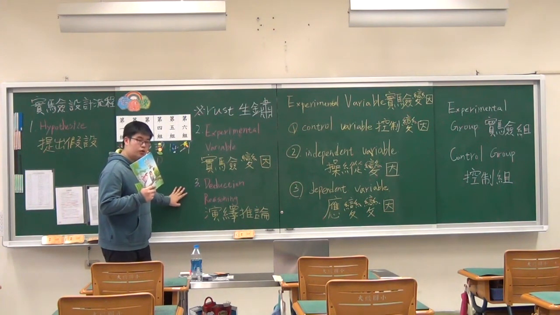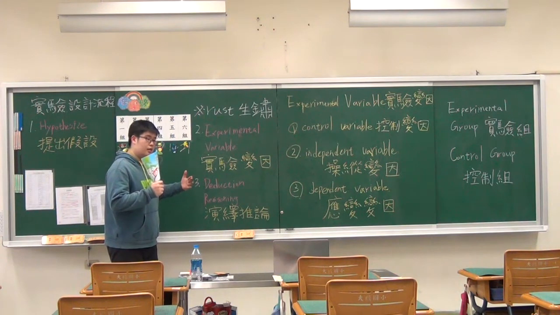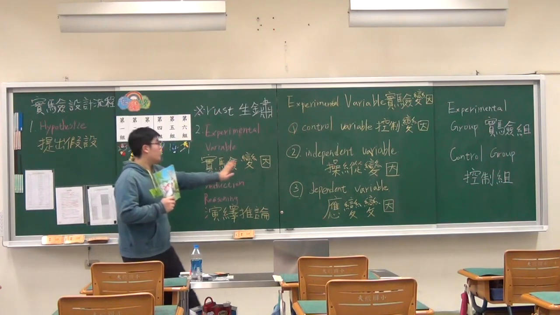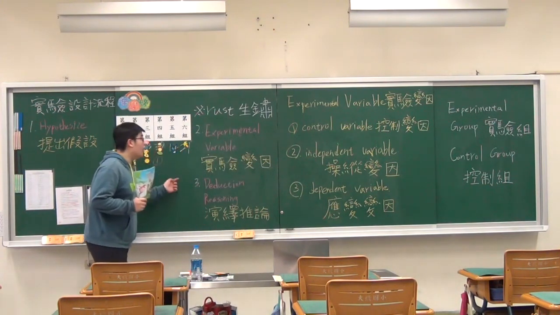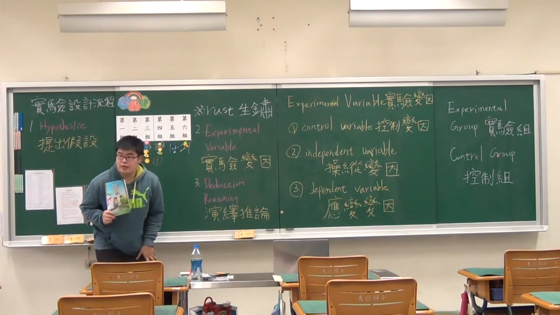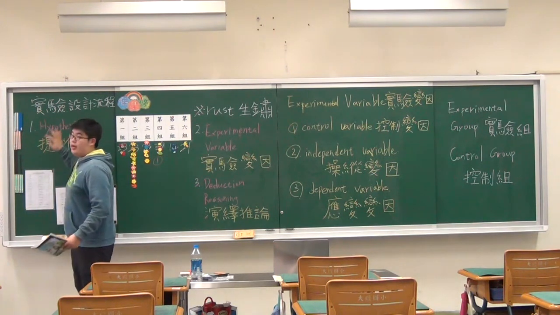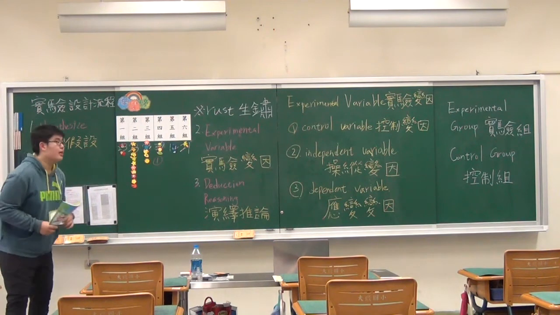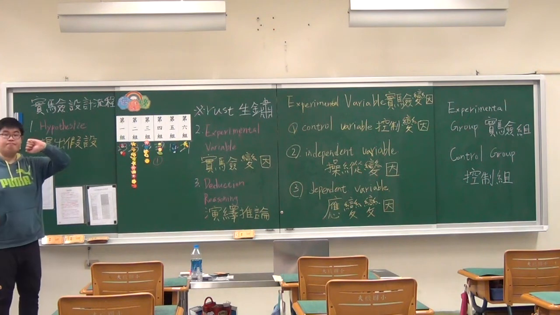So you think that water makes rust, and also there is only one independent variable, so you think that water makes rust quicker. That's right, it is a perfect experimental design. Now please clap your hands for Group C.